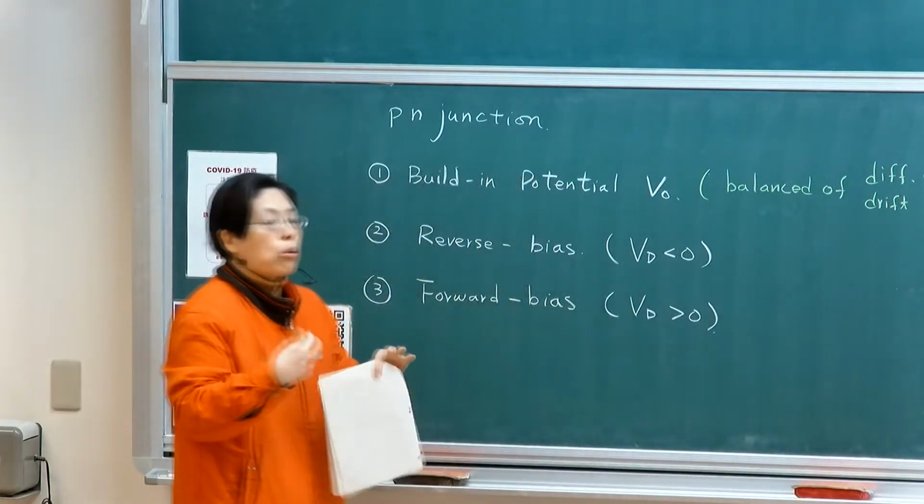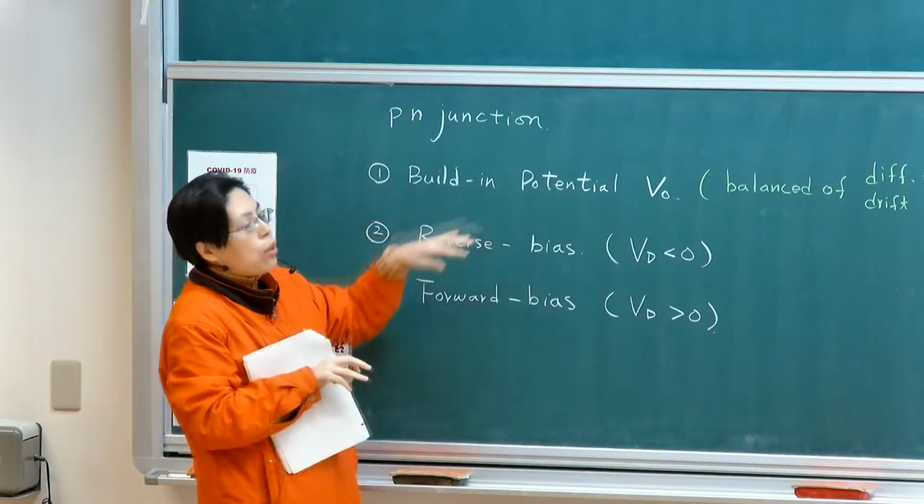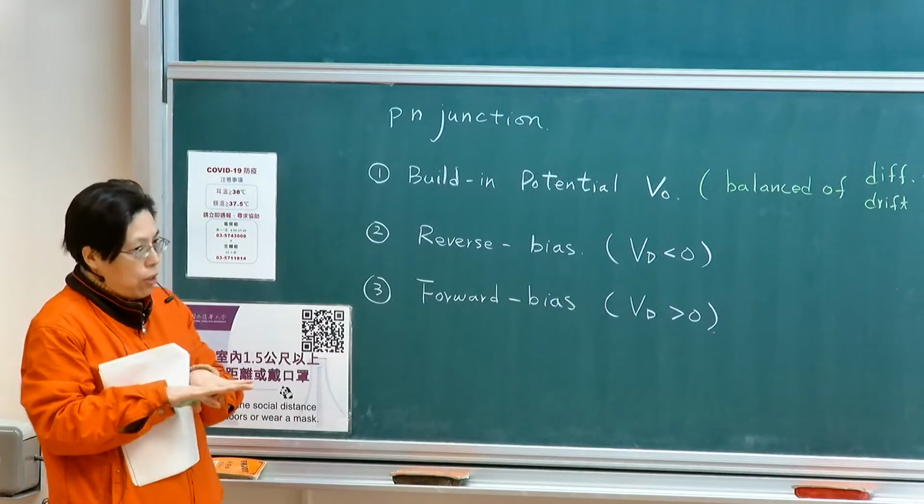So it's sort of like in the natural world, it will balance itself on its own. It's a balanced state once you have these two materials placed close by, creating a junction.